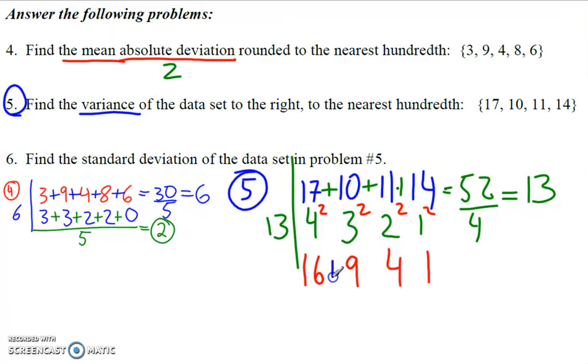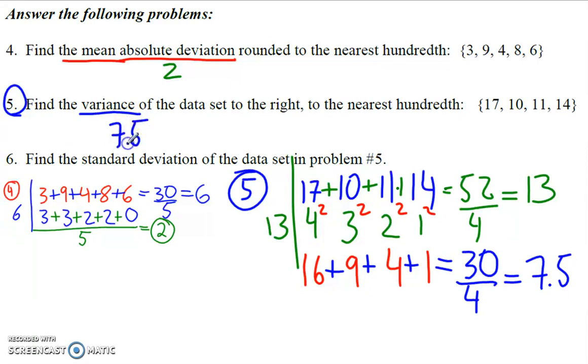Add those together, and that gives you 30 here. Divide by how many we have. Divided by 4 is 7.5. Okay, so the variance is 7.5. You could also say the variance is 30 over 4.